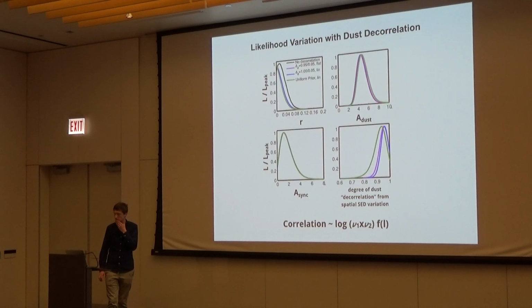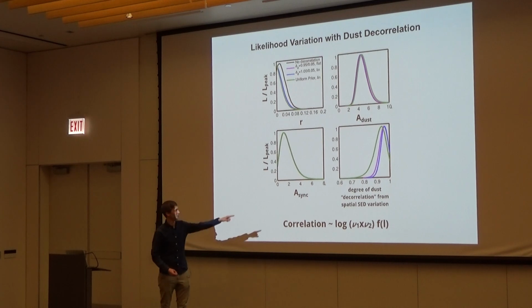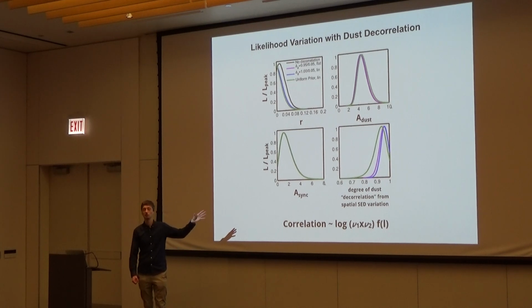So we're still using this same parameterized likelihood method, but what we did was we added a new parameter, which we used the symbol delta. We didn't use anything quite as wordy as degree of dust decorrelation with spatial SED variation. But that's essentially what it is.